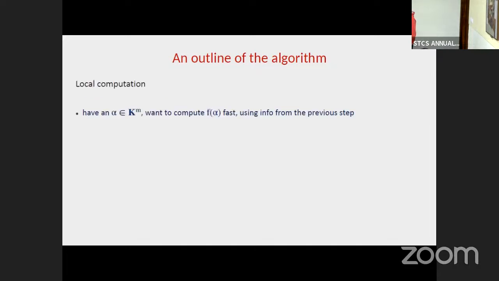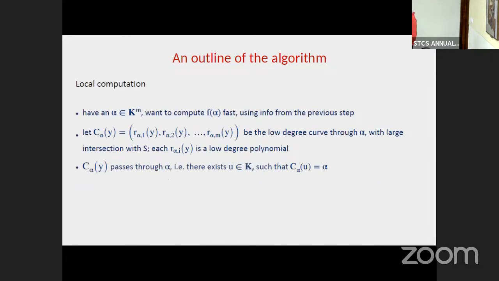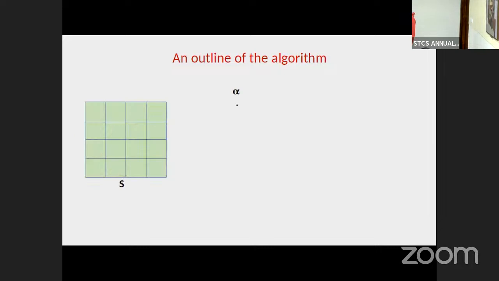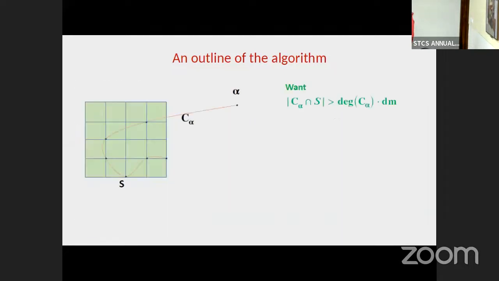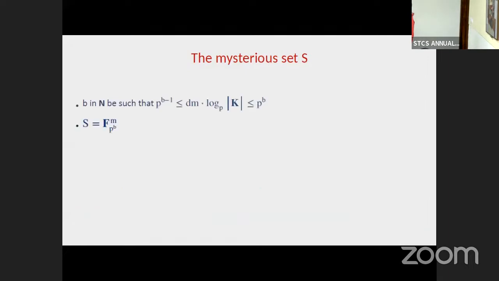I have some open questions. What is the set S for F2 to the N? I have a slide for this. We are going to pick a subfield of the right size and look at the corresponding vectors.